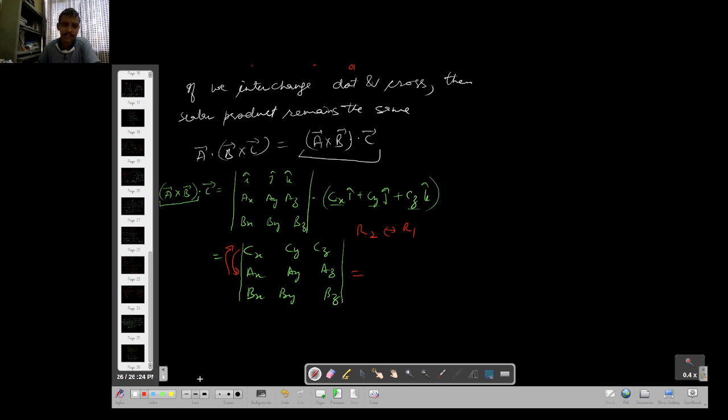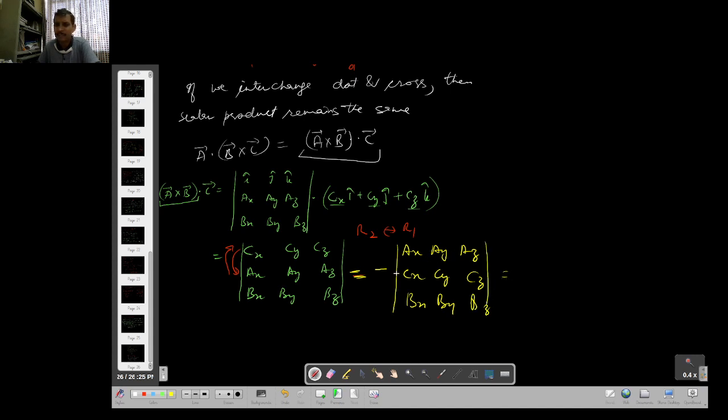Then if we exchange either two rows or columns, then the sign will be negative. This is the property of a determinant. So that means it is AX, AY, AZ; CX, CY, CZ; BX, BY and BZ.